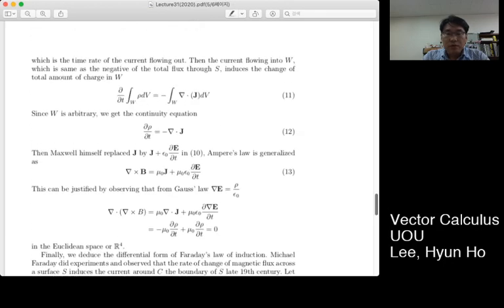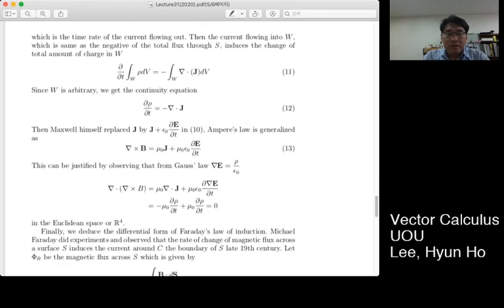Last time we derived that this curl of B is not just J, but instead of J, we must have this form: mu 0 J plus mu 0 times the time change of the electric field, right?